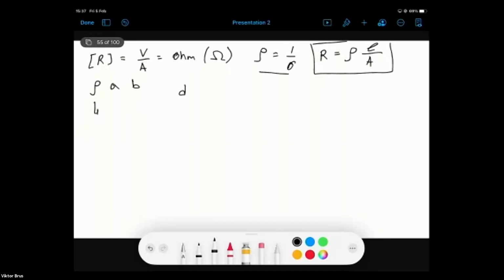So dR, a small resistance or a small element of this cylinder, would be considered as rho times dr divided by the area. Instead of L, we consider the side area of this cylinder. It will be 2 pi times r, the length of the base of the cylinder, times L.